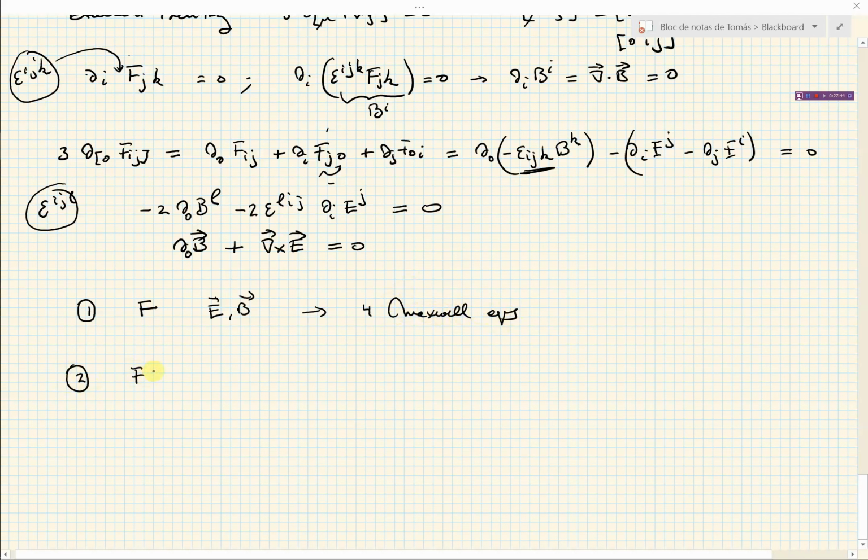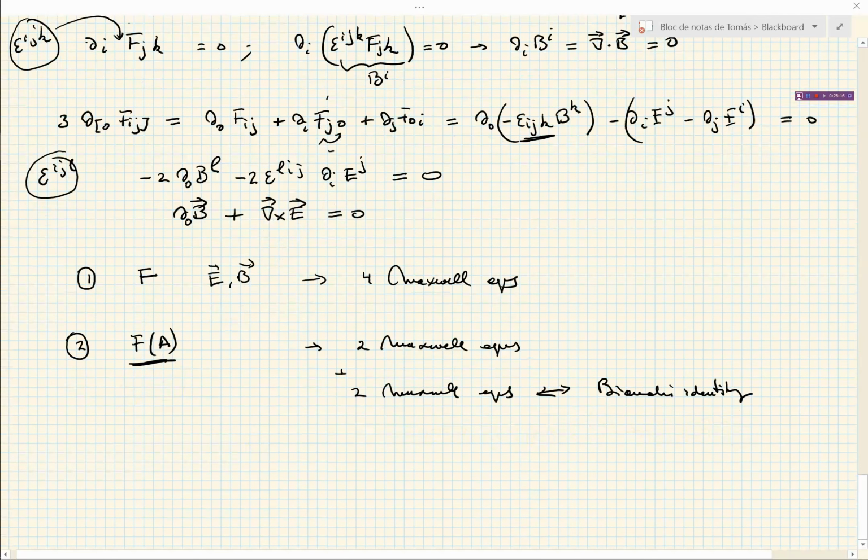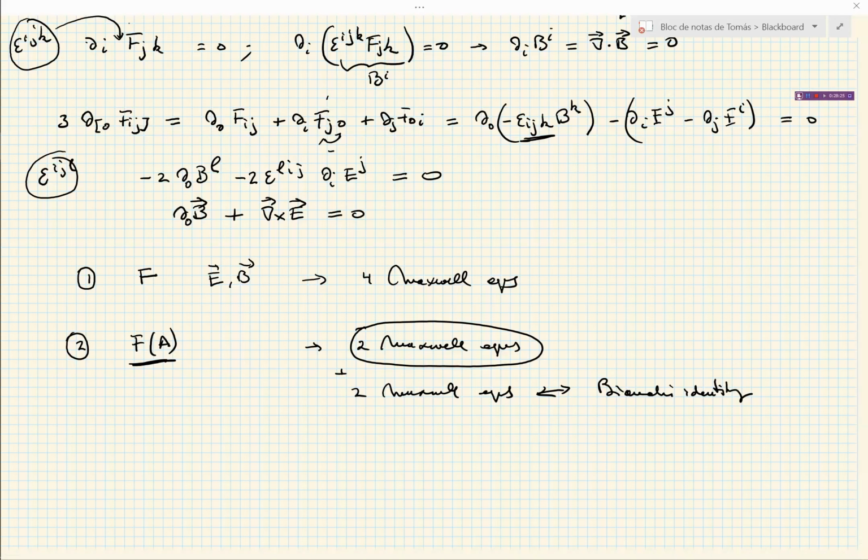Otherwise, you can write F as a function of A, and then you only need two Maxwell equations, because the other two are equivalent to the Bianchi identity, which is contained in the expression. It's automatic the moment you express F as a function of A. Now we are missing these two Maxwell equations, but of course we haven't written any action, we haven't obtained any equations of motion from it, and this is what we are going to do next.